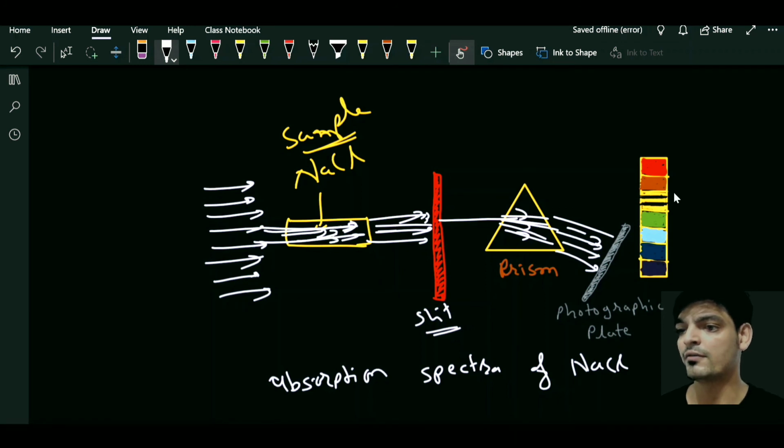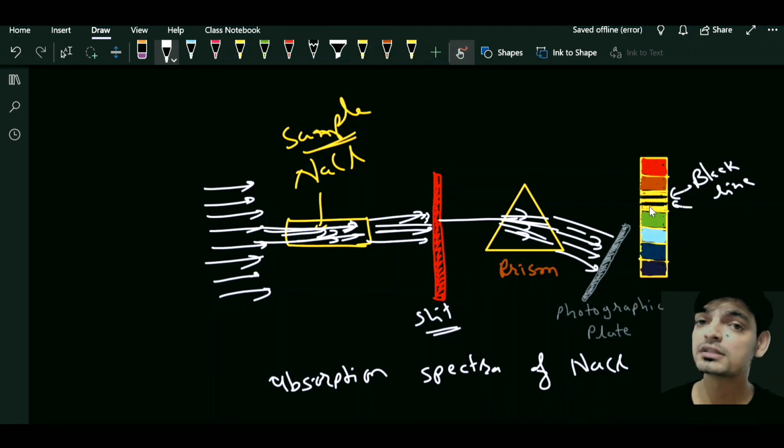So here we are getting the black line, and this black line shows which wavelength the sample has absorbed. So this is known as an absorption spectra. Clear? I think you are getting my point now. What is emission spectra and what is absorption spectra?